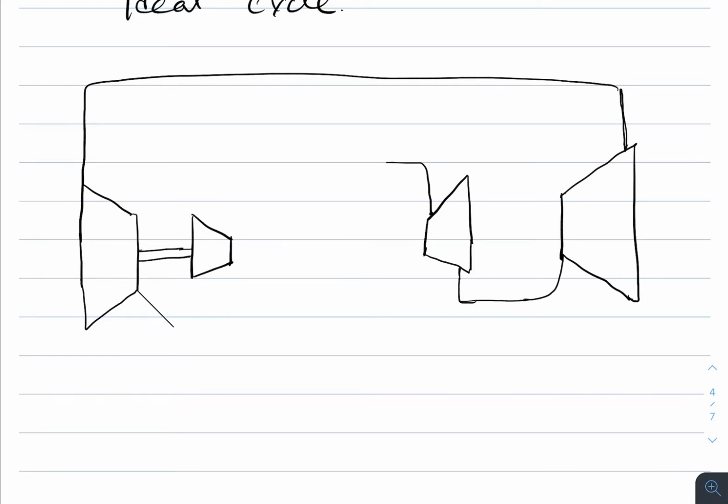So the output of this compressor is coming as the input of this compressor, and then the output of this compressor is basically the input of this one. And the important thing is that both of the turbines are connected on a single shaft, and both of these compressors are connected on a single shaft.